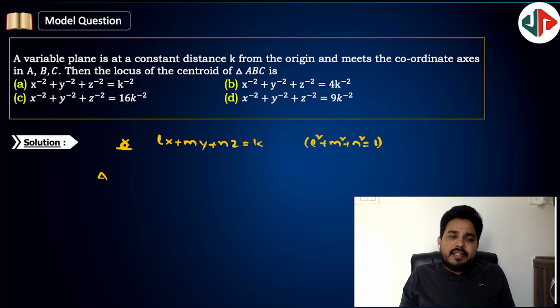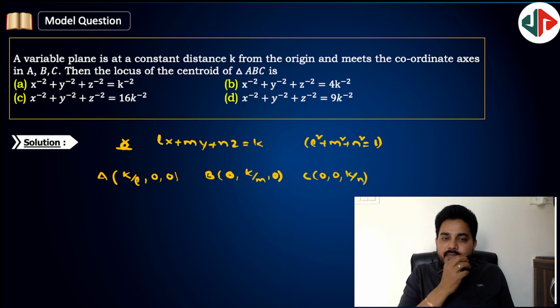So what is the x-intercept? X-intercept is y is equal to 0, z is equal to 0. That is k by L comma 0 comma 0. B is 0 comma k by M comma 0. And C is 0 comma 0 comma k by N.